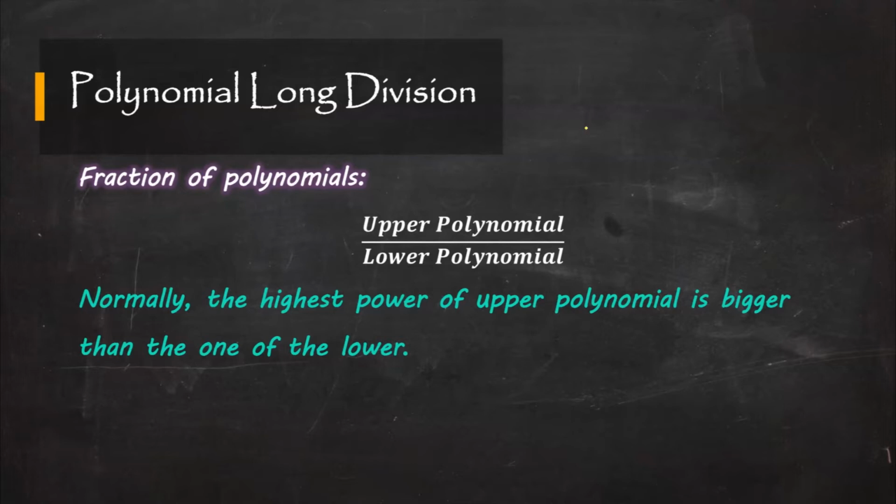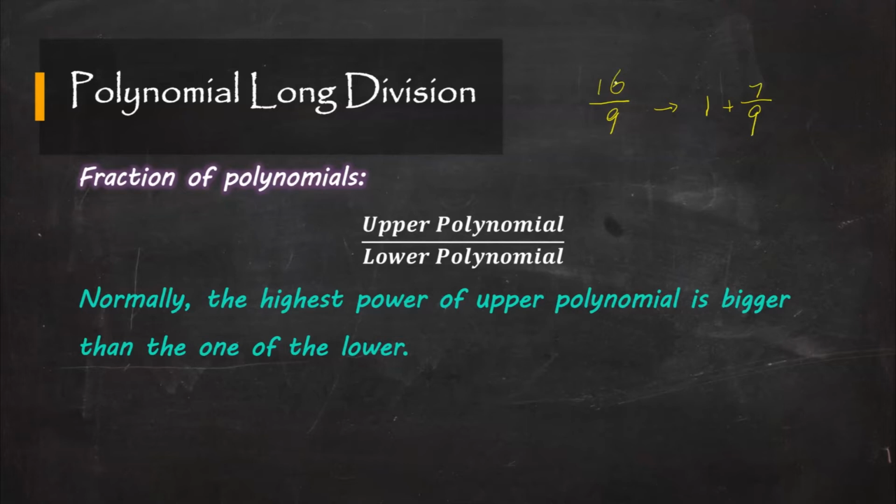The reason is pretty similar to converting a fraction into a mixed number. For example, if the numerator is bigger than the denominator, then we can convert that into a mixed number, which is a whole number plus a fraction, right?